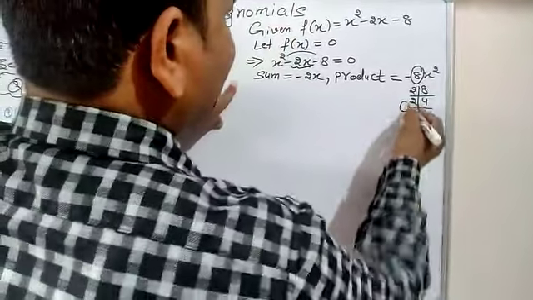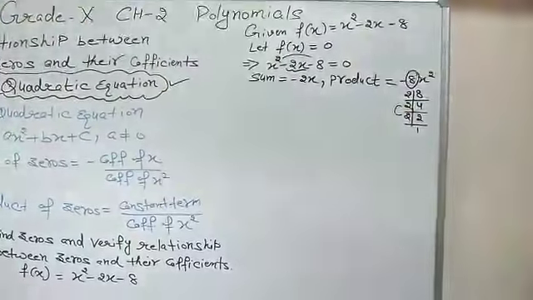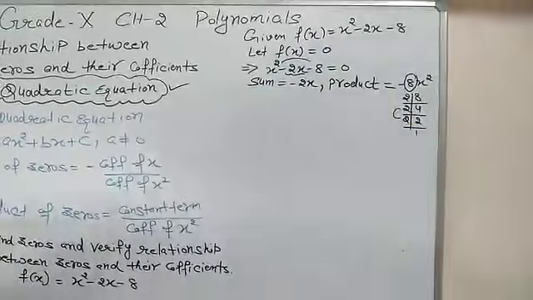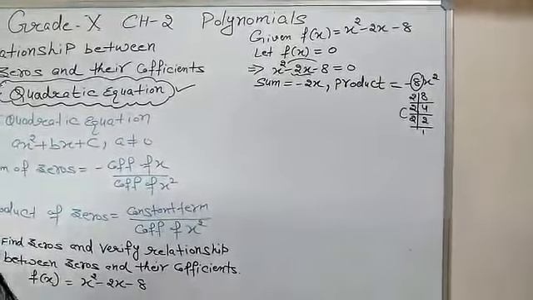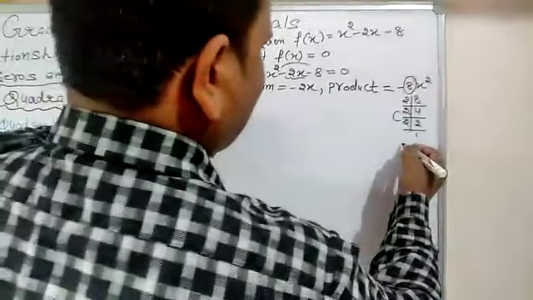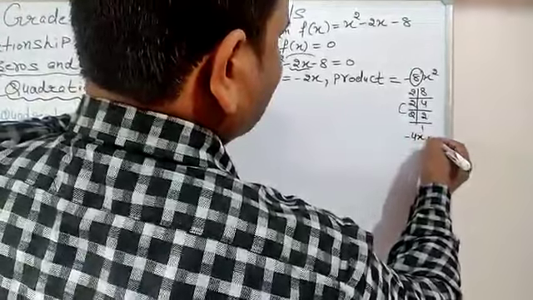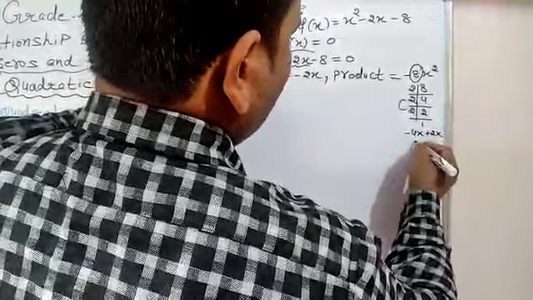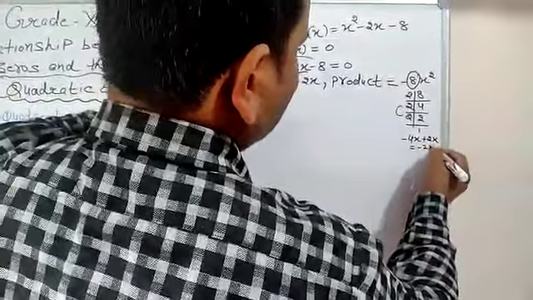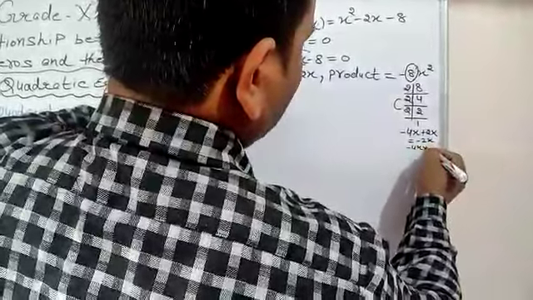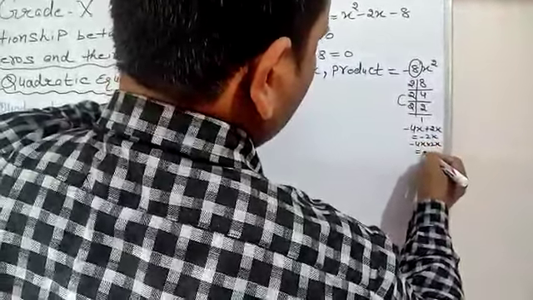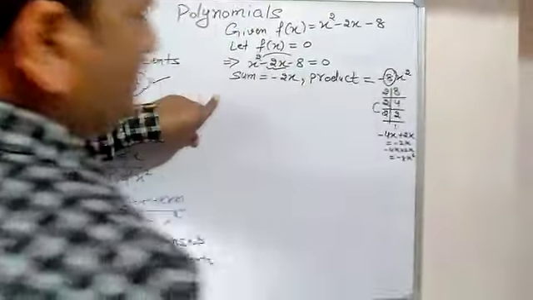So we have to shuffle the product in such a way that we get our sum equal to minus 2x and our product equal to minus 8x square. So if we take minus 4x plus 2x, what do we get? Minus 2x is the sum and minus 4x into 2x, which is equal to minus 8x square, is our product.